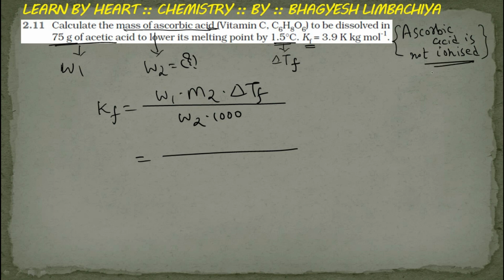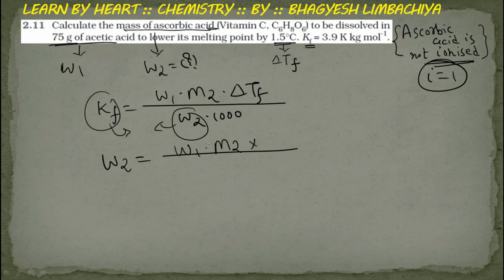So the van't Hoff factor will be 1. Now we have to make W2 the subject. So W2 is shifted here, Kf is here. So W1 M2 delta TF by Kf 1000.